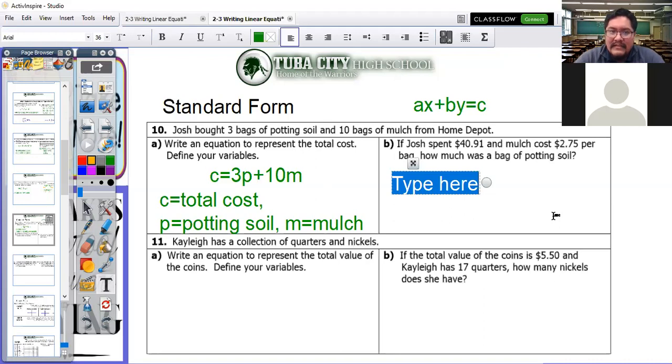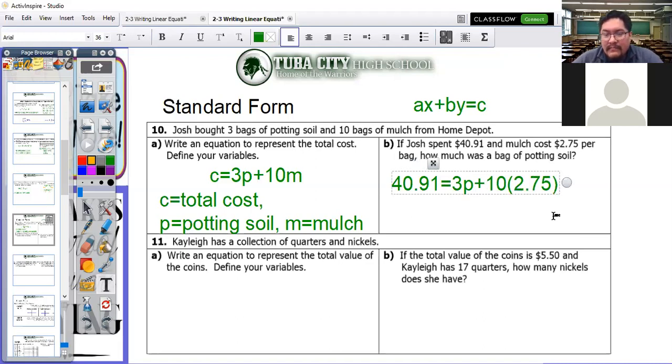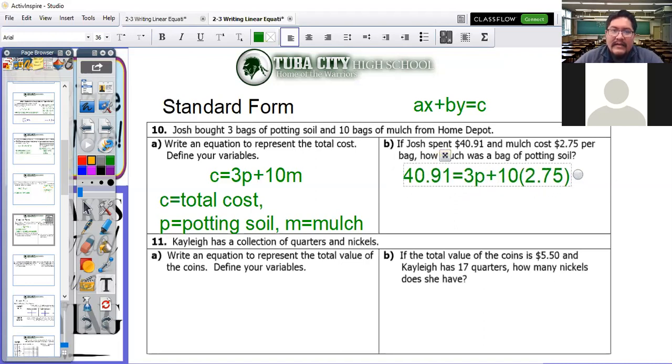So we know that C is the total cost, so that's $41.91. We're looking for 3P, the potting soil, which is what we don't know, plus 10M, which in this case he knows the cost was $2.75. So there we go, we've got everything set up.